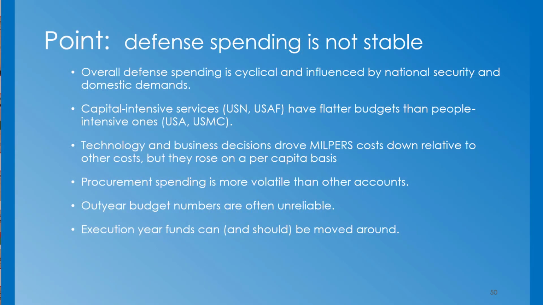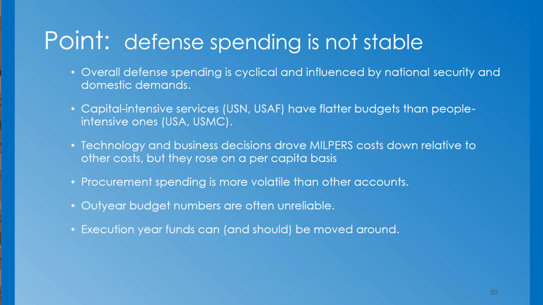So this next point then, defense spending is not stable. It's cyclical. It's influenced by national security and domestic demands. We notice capital-intensive services tend to have flatter budgets than the people-intensive ones. MILPERS costs overall have been pushed down relative to other costs, but they've risen on a per capita basis.